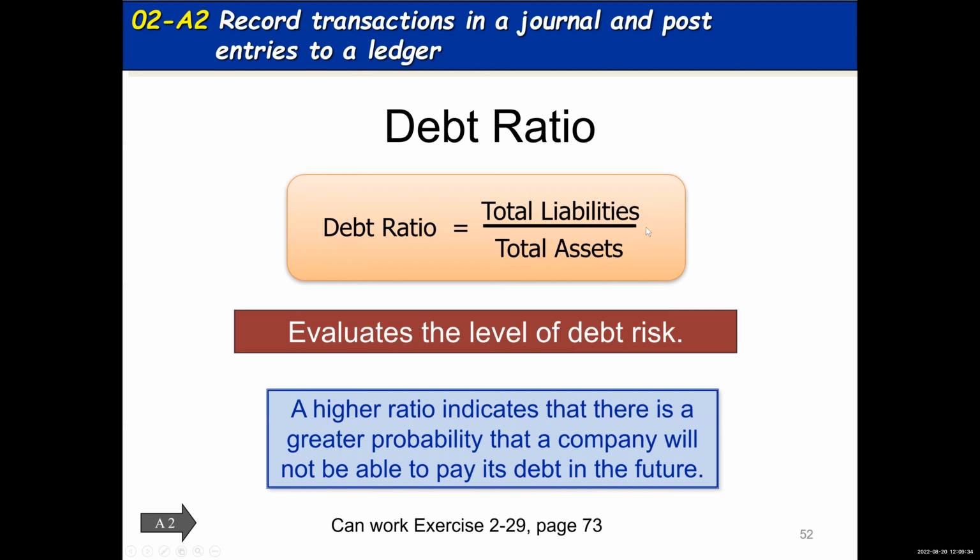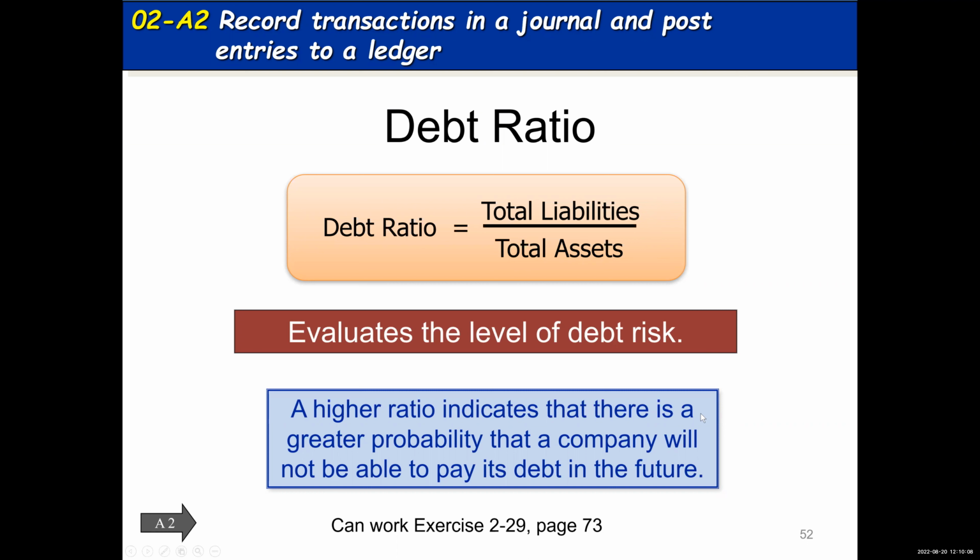So you're basically comparing your total liabilities with total assets. Where are you going to find this information? Liabilities and assets are on your balance sheet, so you'll compute the debt ratio by looking at your balance sheet. Now, what does the debt ratio do? It evaluates the level of debt risk. The more liabilities you have compared to your assets, the more risk, right?